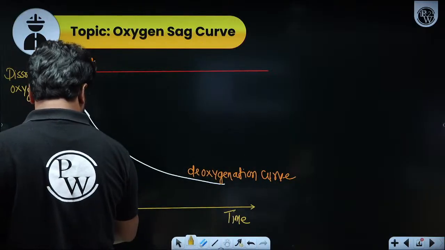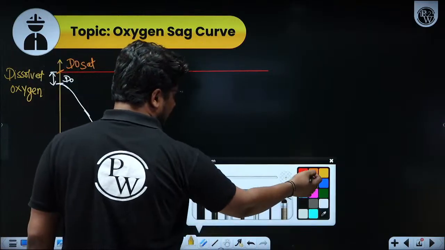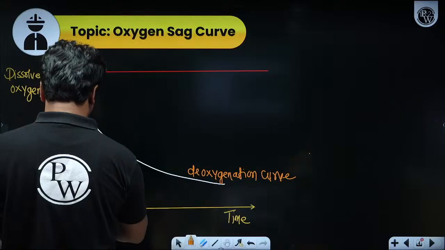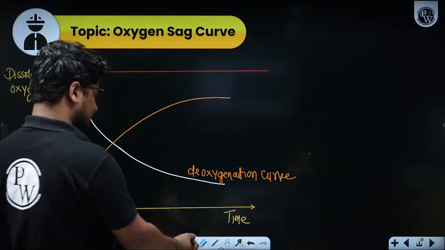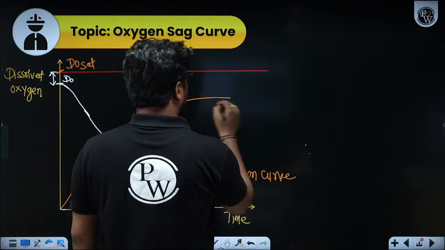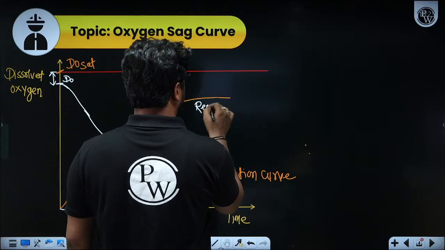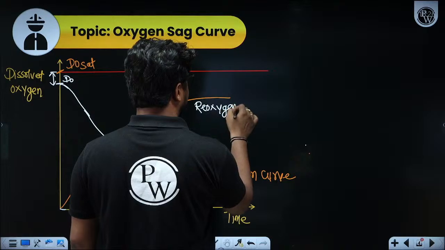So the curve for the reoxygenation part will go like this. This is the reoxygenation part.